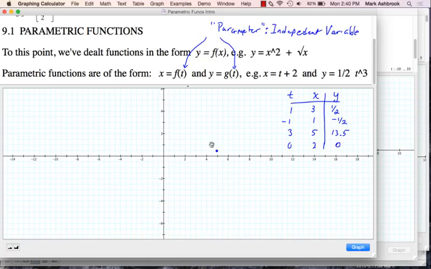Okay, so we could plot these points easily, right? So (3, 1/2), and (5, 13.5), off the chart there, and (1, -1/2), and (2, 0).